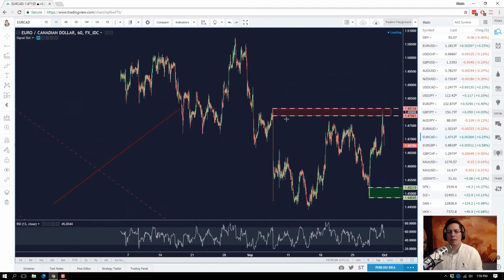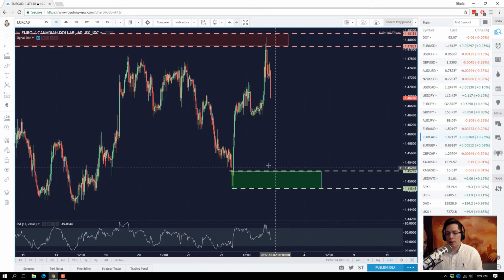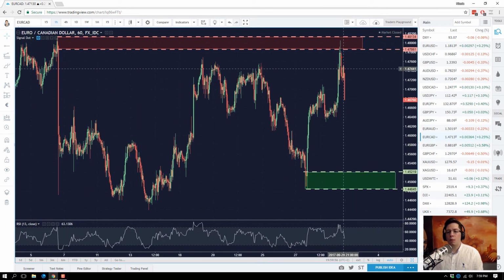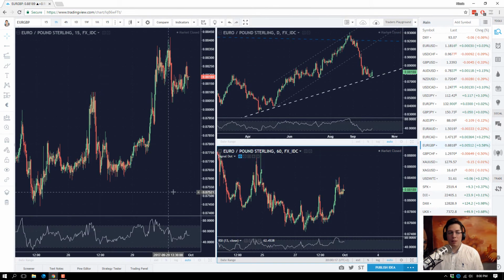We can see that we found resistance around the supply zone from here, and we are moving lower. So wait for a 5-3 setup if you want to sell towards 142.50, but only after 5 waves here. So 5, 3, and then look for a further bearish move. But only for day traders, guys.